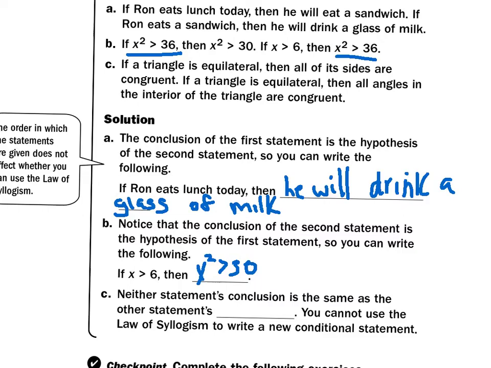Okay, C. If a triangle is equilateral, then all of its sides are congruent. If a triangle is equilateral, then all angles in the interior of the triangle are congruent. They both have the same statement, if a triangle is equilateral, but it is in the position of the hypothesis in both.